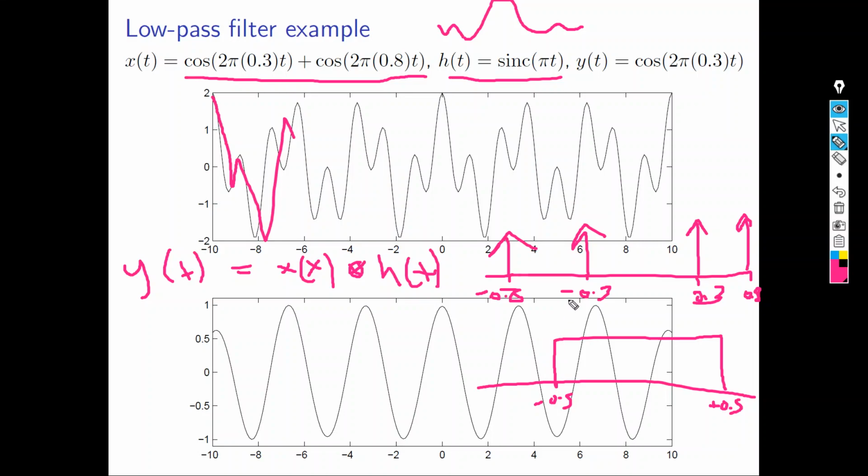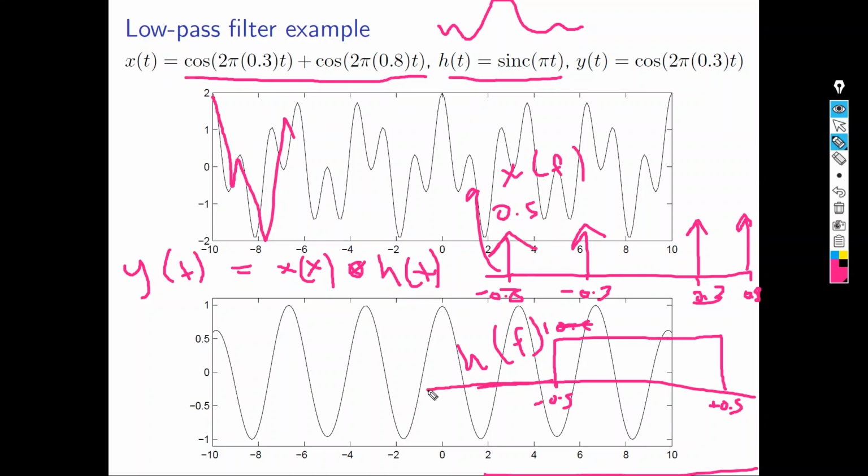So the output is when you multiply X(f) and H(f) with each other. This amplitude is 1 unity, and this becomes half. You know why half? Because you have two sides.